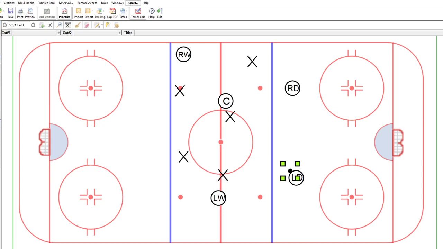What I want to see, first shift for everyone. Guys, go out, get your legs under you, get the blood flowing, and just get off the rink. I don't expect anything major on the first shift of any line.